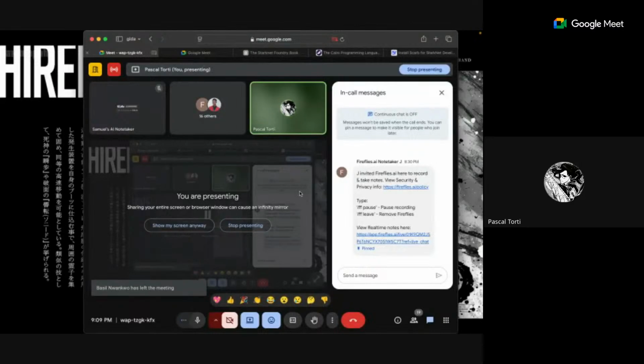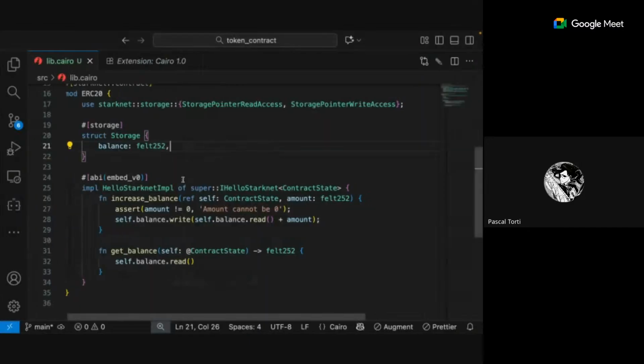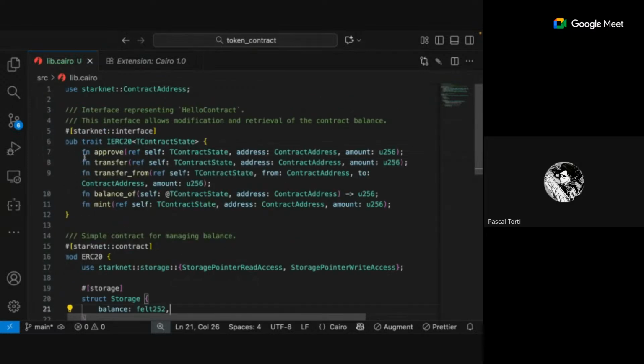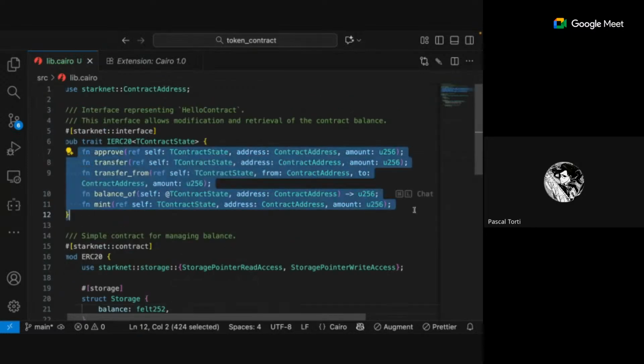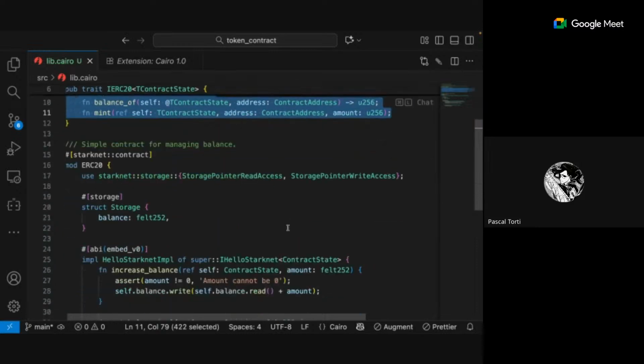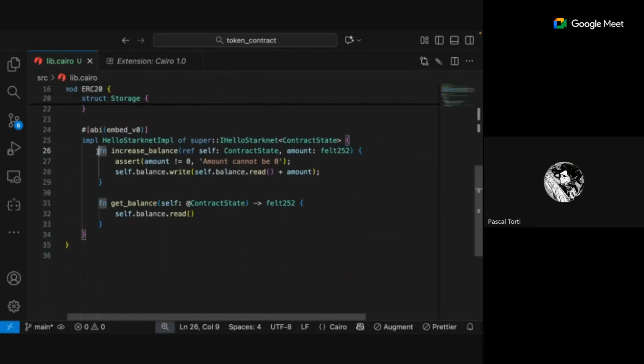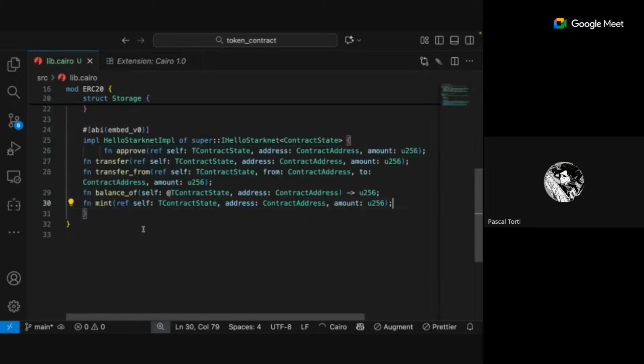So what else am I missing? Yeah. So now let's implement this interface. It's normal, just copy and paste. Control C, Control V here.